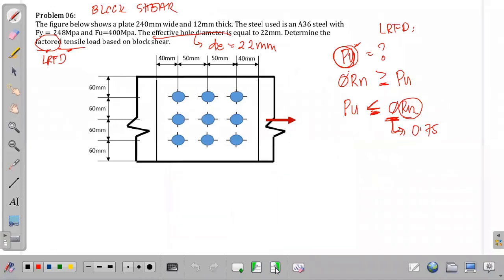So kailangan yung i-drawing yun for you to determine kung ano yung value ng Anv, yung net area subject to shear, at yung net area subject to tension. Kailangan i-drawing yung block shear pattern diagram.